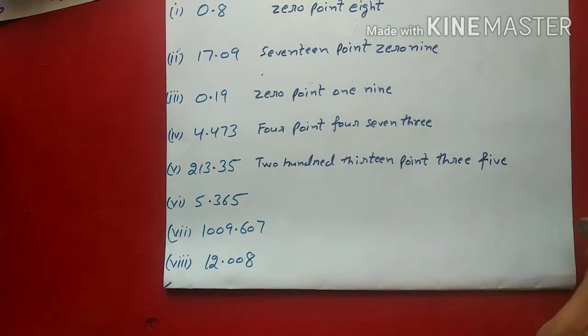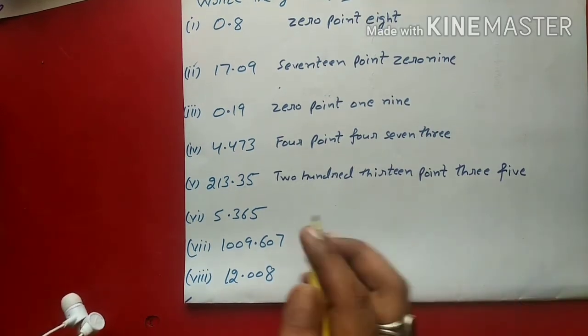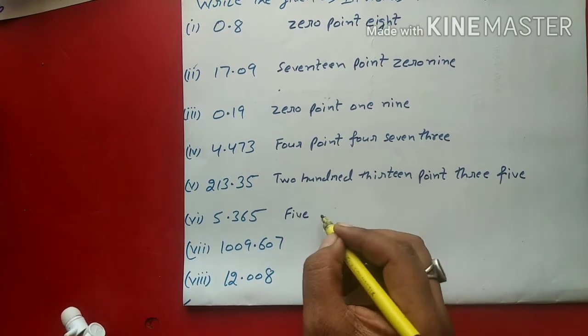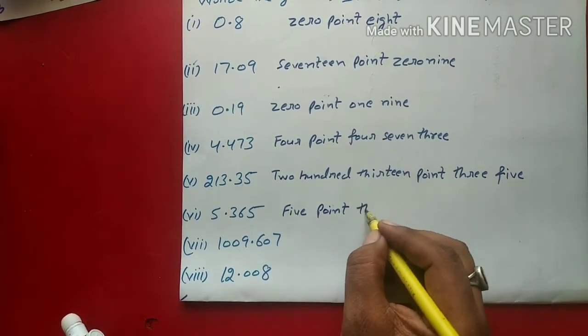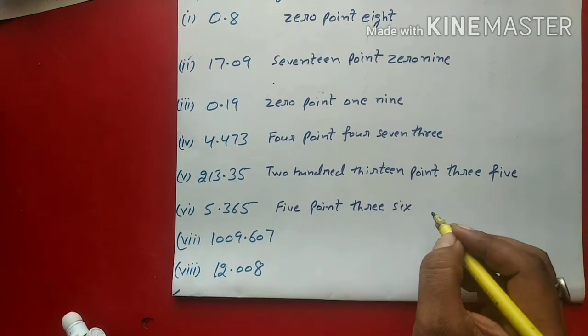Okay student, you will not speak this as thirty-five, you will speak this as three, five. Now this is 5.365.